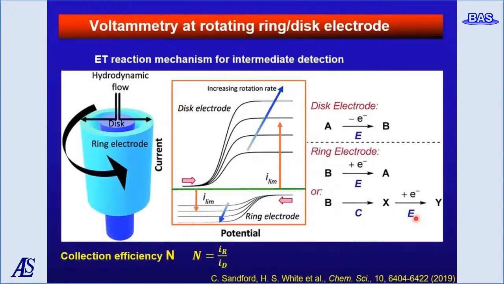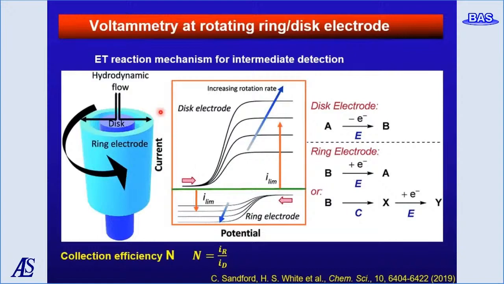An independent ring electrode is introduced by surrounding the disk electrode, which is called a rotating ring disk electrode, and the two electrodes can be controlled separately. The ring is effectively downstream of the disk under the rotating conditions, and the ring electrode can catch the intermediate or electrolyte species generated at the disk electrode. In particular, this type of electrode is efficient for detecting intermediates.